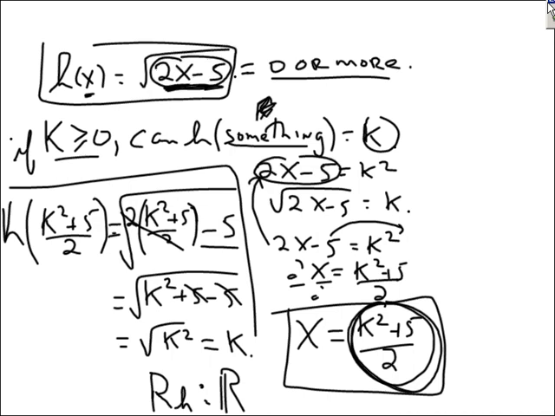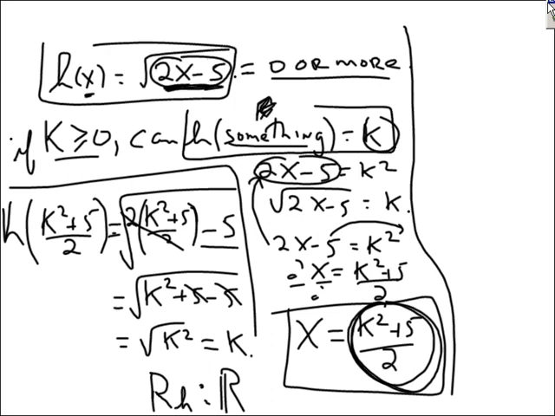I can get h to be 20. We are going to do that right here. If h of something equals k, then this is our recipe to find the x value.